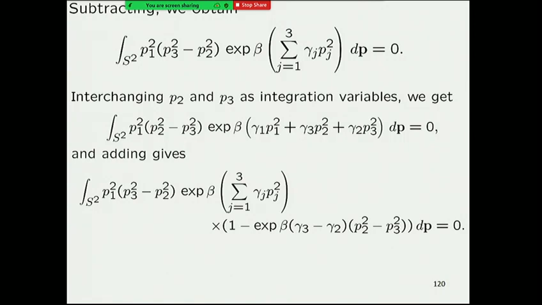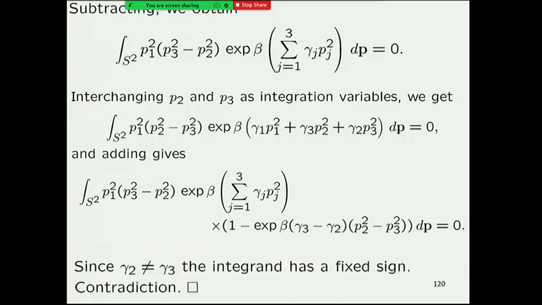You get P1 squared times P3 squared minus P2 squared, you get this exponential, and it's multiplied by 1 minus this exponential of beta, gamma 3 minus gamma 2, times P2 squared minus P3 squared.